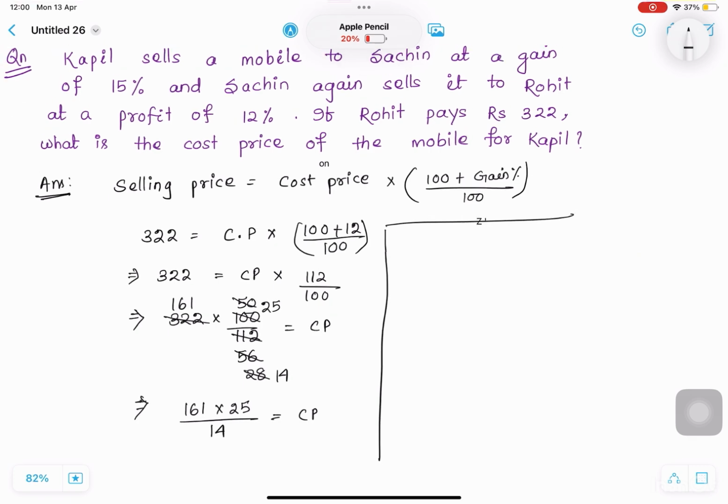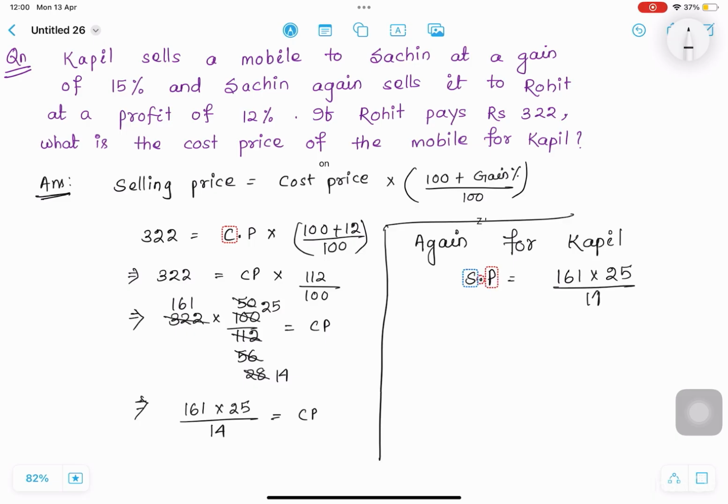I am not multiplying this. Let's check for another step, maybe it can cancel out. So again see, Kapil sells a mobile to Sachin at a gain of 15%. So here the cost price will be that selling price. Okay, for Kapil the selling price is this much, 161 into 25 by 14. So this equals cost price into (100 plus 15) by 100, 15% is the gain.